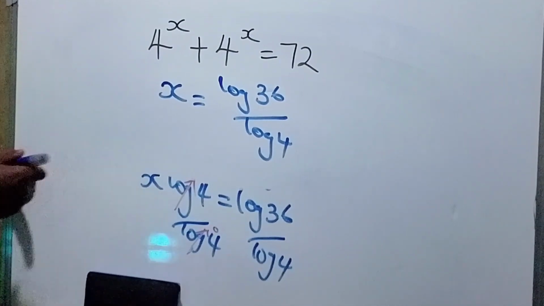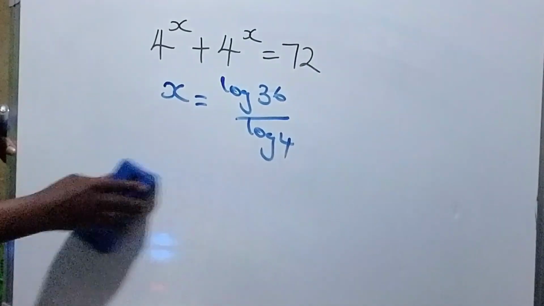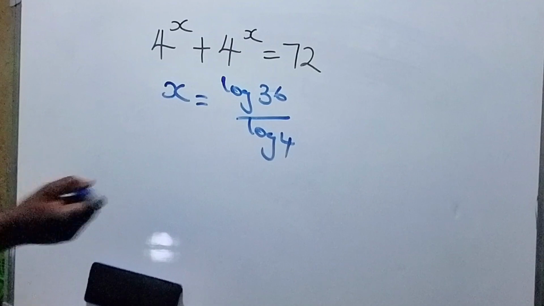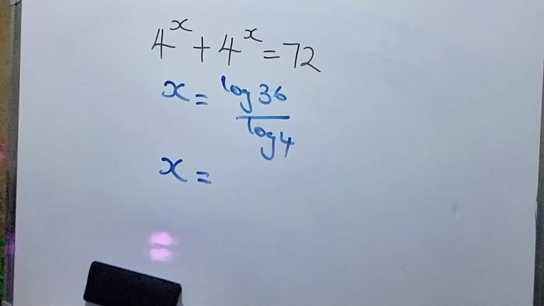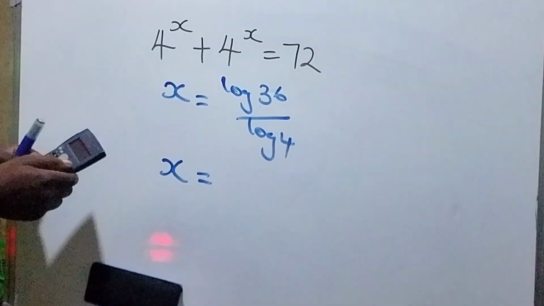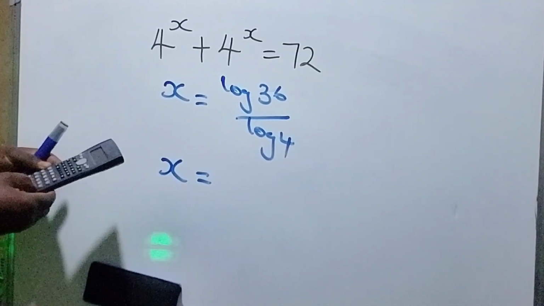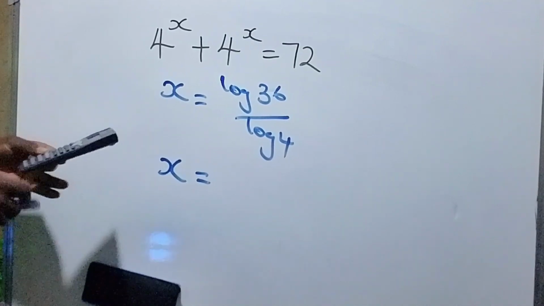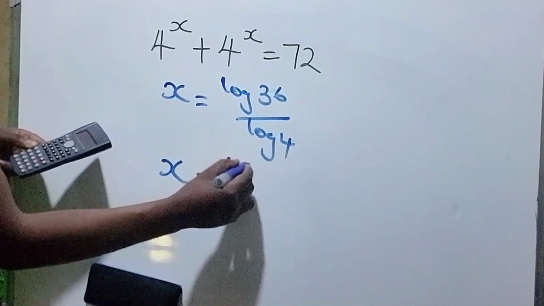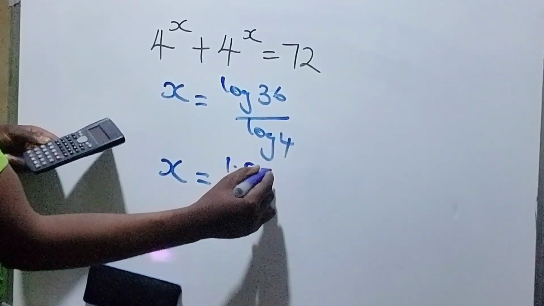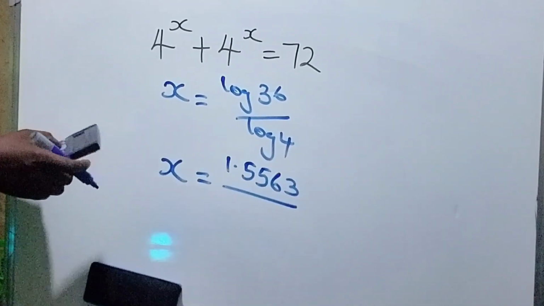Now you people know that x equals log 36 is equal to what? Take my calculator: log 36, that is 1.5563, over log 4.